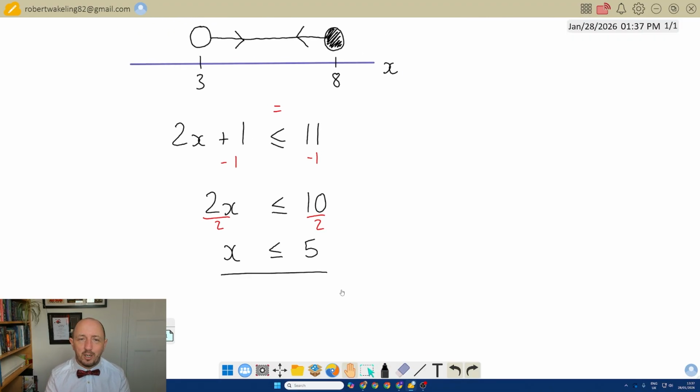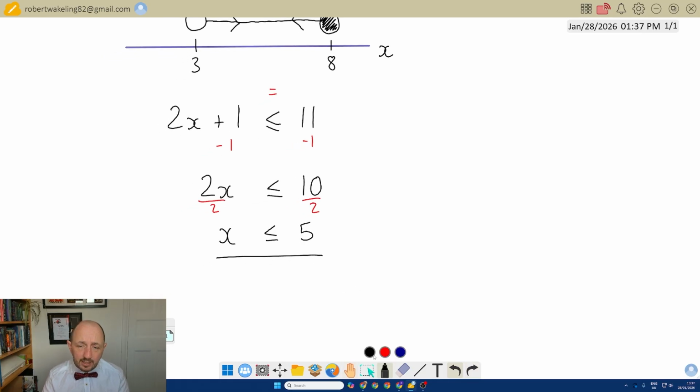Okay, so what I mean by that is if I had 4x plus 1 less than or equal to 2x plus 5, okay, most students would subtract 2x from both sides, and then you'd have 2x plus 1 and 5 on this side.